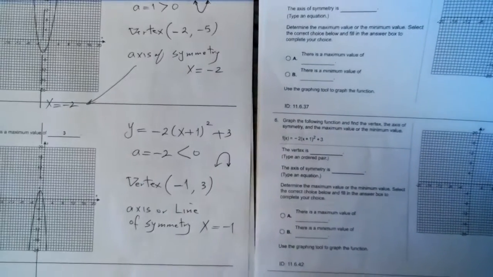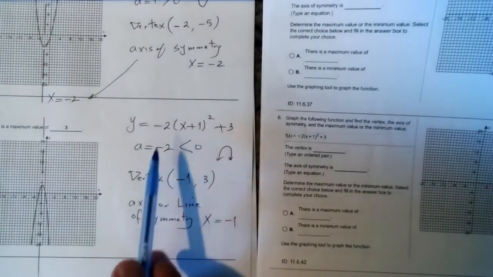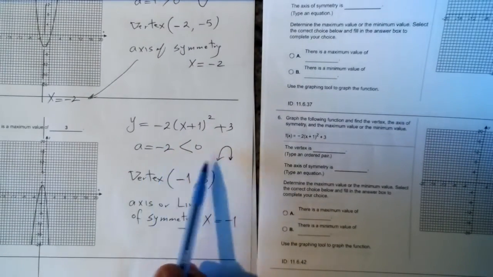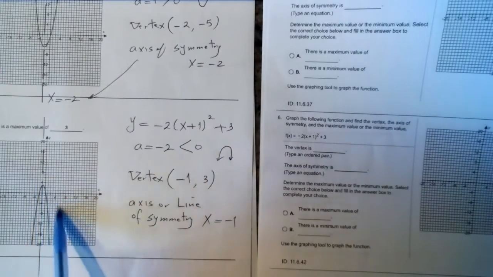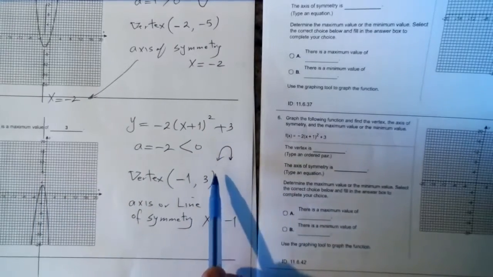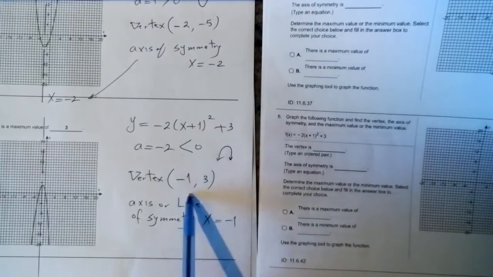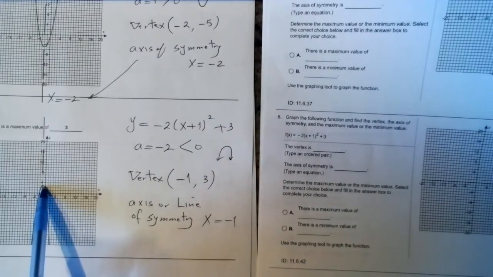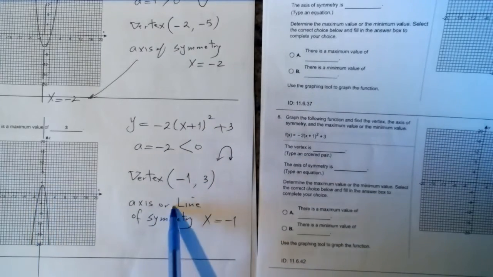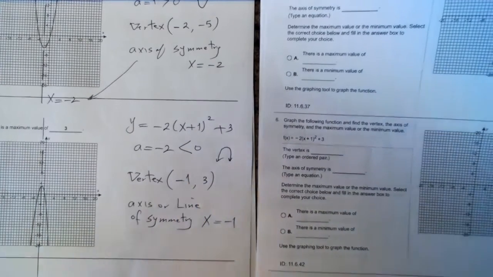The other one is very similar. a is negative 2, so the graph opens downward. You see this down. Vertex is opposite of 1, negative 1, and 3. That's the vertex. Minus 1 and 3 is the coordinates of this point. Axis of symmetry is x equals negative 1.